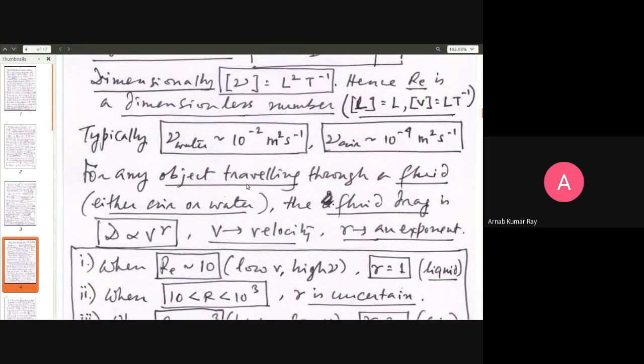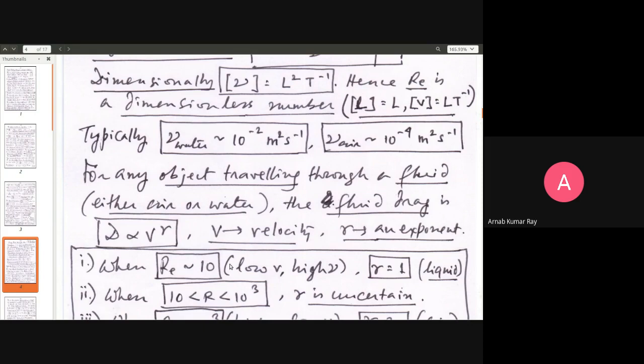Okay, so here is how this discussion is relevant. For any object traveling through a fluid medium, which can either be air or water, the fluid drag is generally written as D, the fluid drag force, proportional to velocity raised to gamma. Gamma is an exponent. Now you follow very carefully what I'm saying. What is the value of gamma?